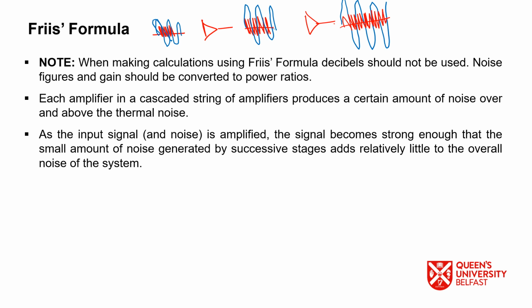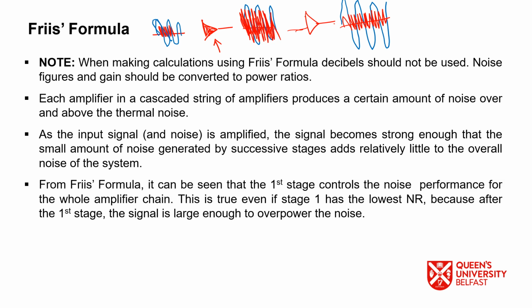So imagine our first device is not good enough and it adds its own noise so much that it is equivalent to the signal, then whatever we get here will be amplified by this second amplifier and so on. So our signal will be difficult to decode at the later stage of the cascade system. From Friis formula, it can be seen that the first stage controls the noise performance of the whole amplifier chain.